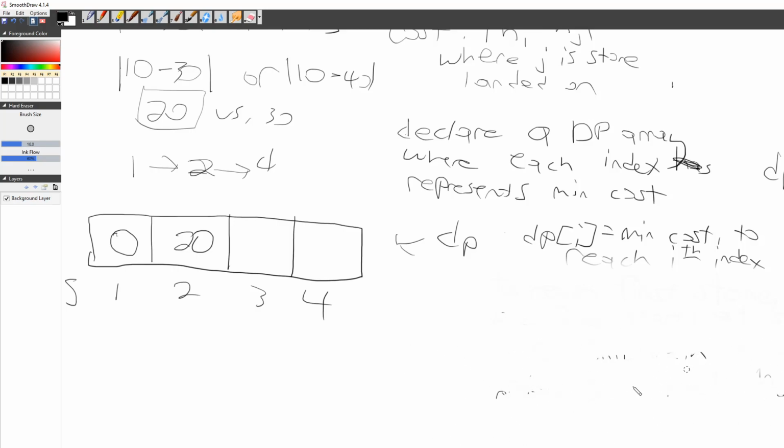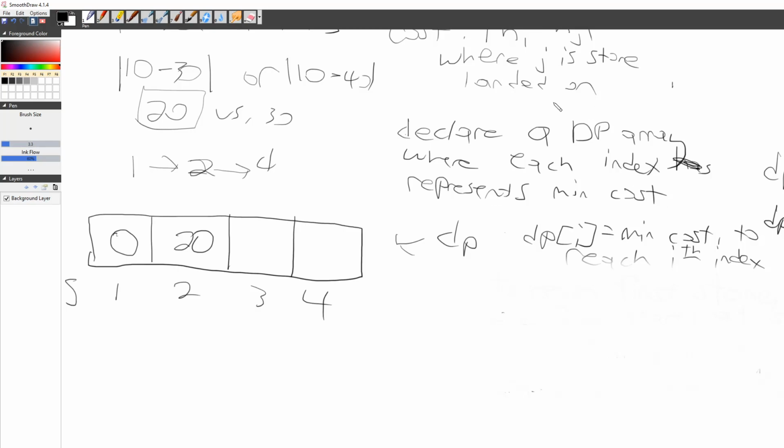Our key takeaway still is dp sub i equals the minimum cost to reach the ith index, or i plus 1th stone. And we see that dp sub 1 equals nums sub 1 minus nums sub 0.